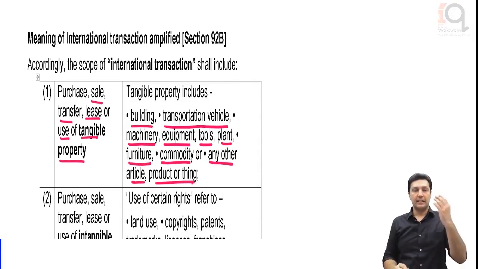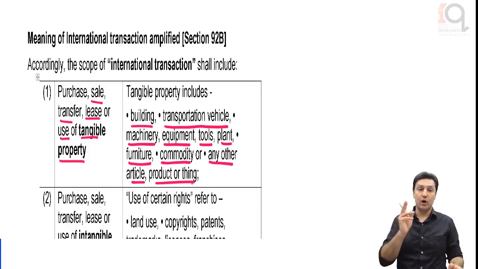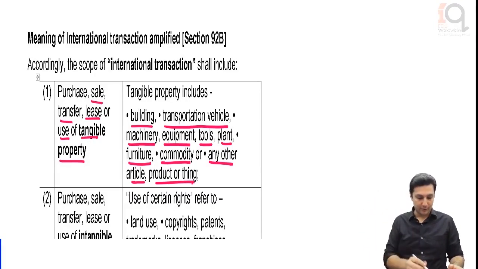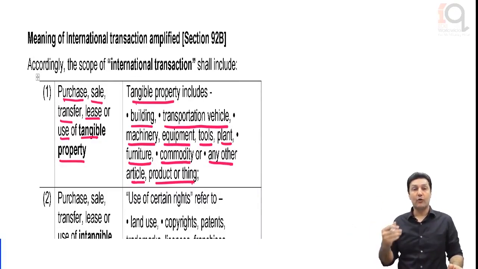So look at a building in India which is owned by a resident, and they sell it to a non-resident which is an associated enterprise. Is this going to be subject to the provisions of 92C? He says yes, because purchase and sale or transfer of tangible property is covered. So maybe you are selling it to the non-resident at a lesser price to avoid capital gains tax in India. That can be now redone or recalculated by using the arm's length price.